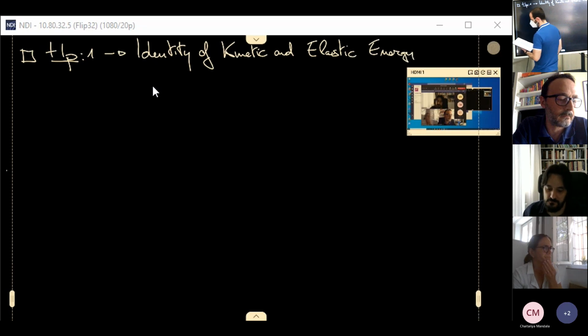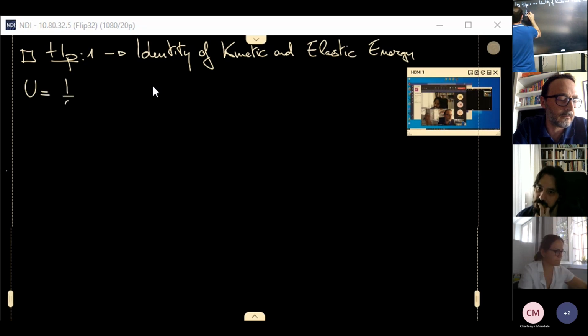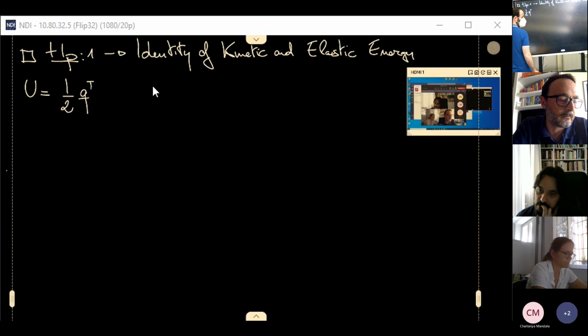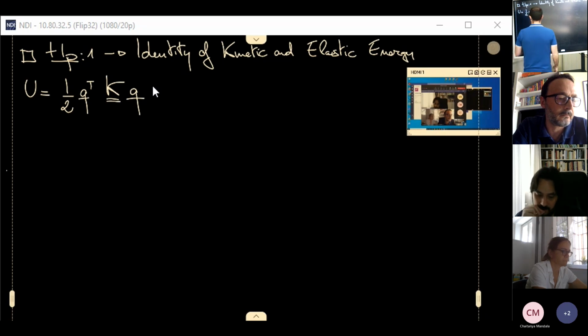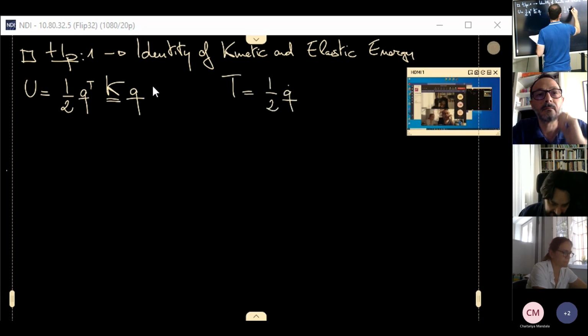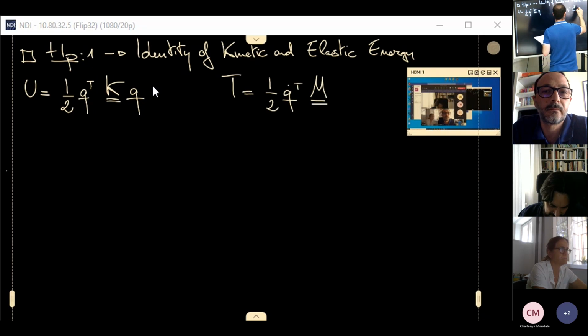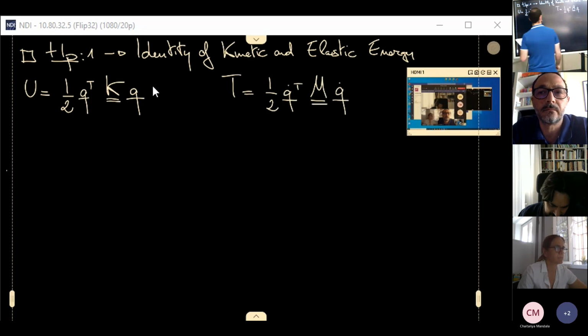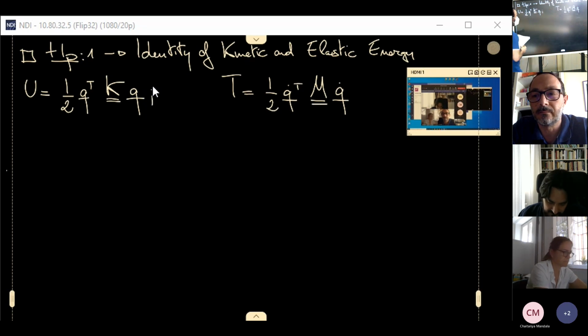What does it mean? Well, the elastic energy in the original model, we know already, because we have seen it so many times, has this form. Okay. While the kinetic energy has a similar notation. Okay. This is in the original formulation.